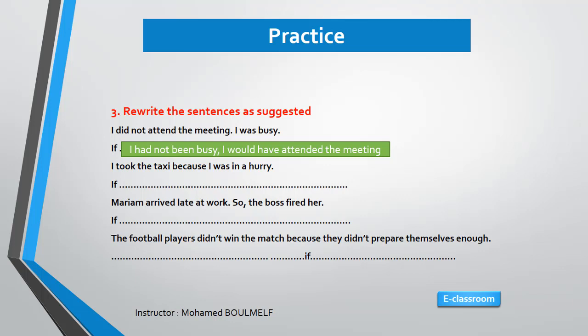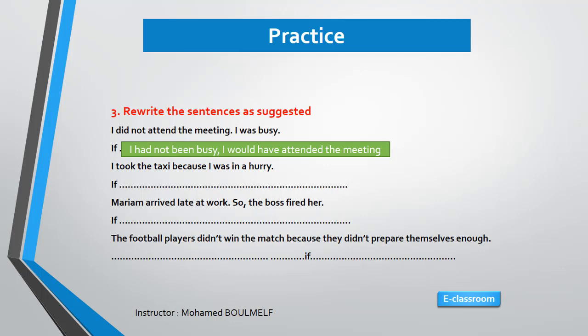So we need had, then we put not, because this one is affirmative, we need to make it a negative. Okay? And the next one, or the one that we have earlier, I did not attend the meeting. So this one is a negative, so we should put it in the affirmative form. We say I would have attended the meeting.